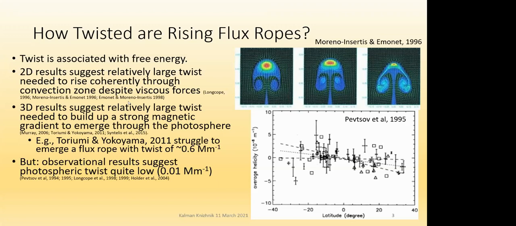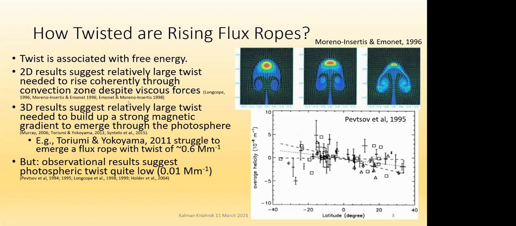So both of these things indicate that really you need a significant twist in order to rise coherently and emerge through the photosphere. And this would be fine, except that the observational results indicate that the photospheric twist is quite low.